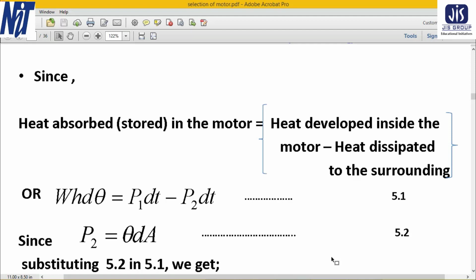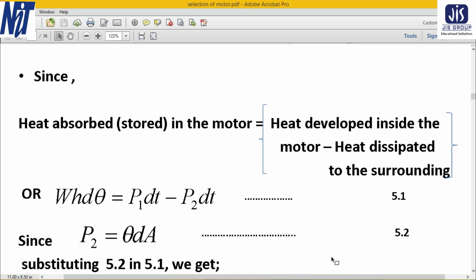It's very easy. We have read this in classes 8 and 9. So that is my heat absorbed. How much heat is developed and how much heat is dissipated? If we subtract the dissipated heat from the developed heat, we will get the absorption.